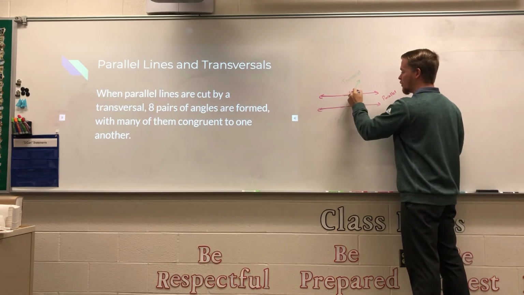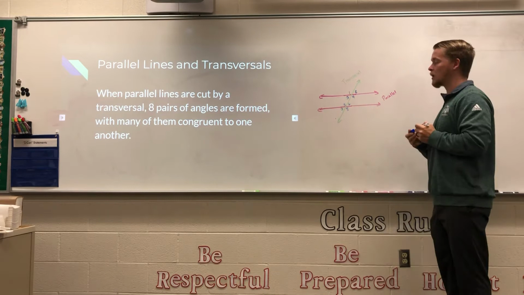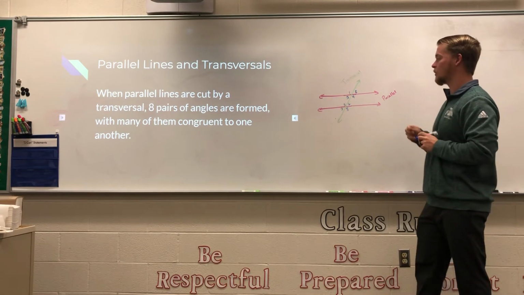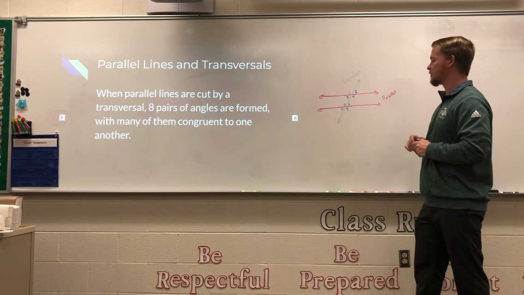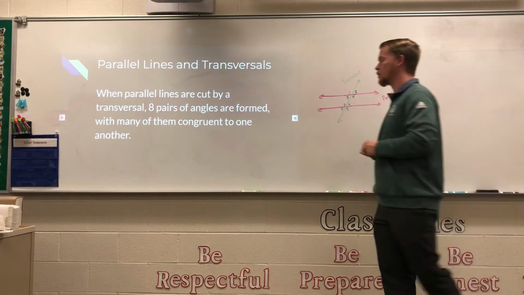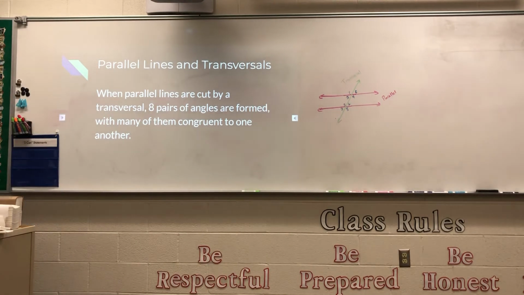So it'll be like this: 1, 2, 3, 4, 5, 6. I messed that up for a second. 5, 6 on the top, 7, 8. So those are your 8 angles that are formed. And like I said, a lot of them are congruent to one another, and we'll talk about which of those are congruent.